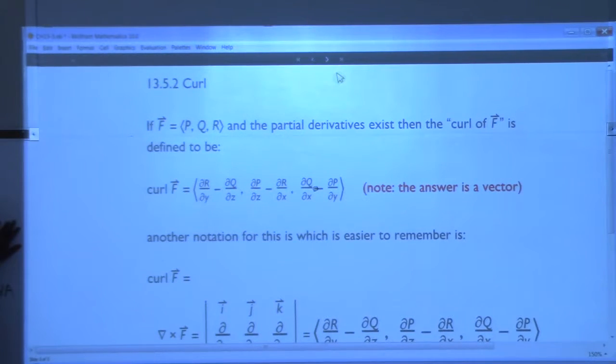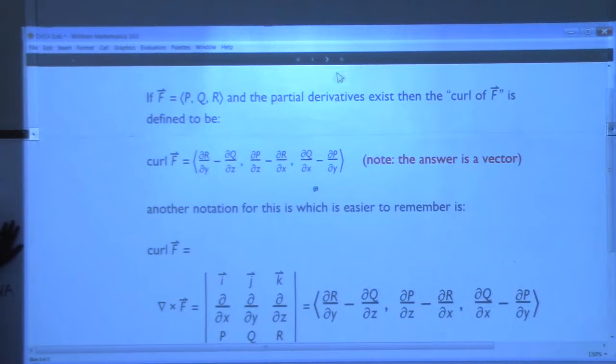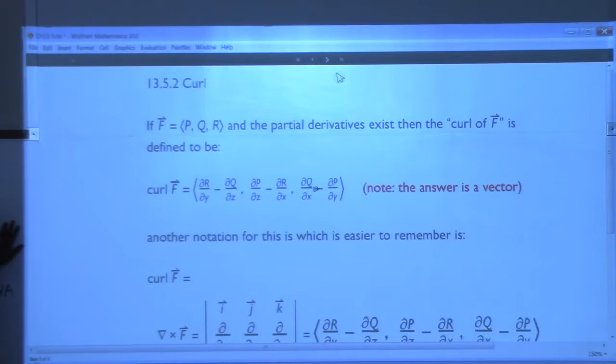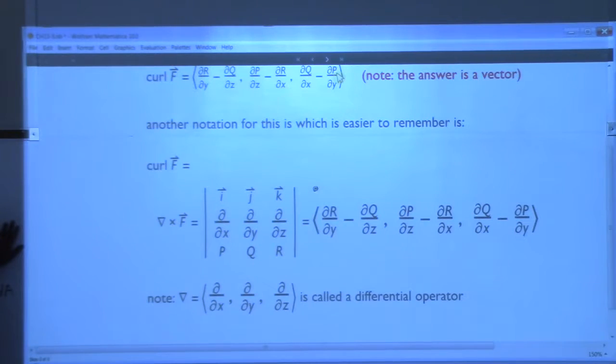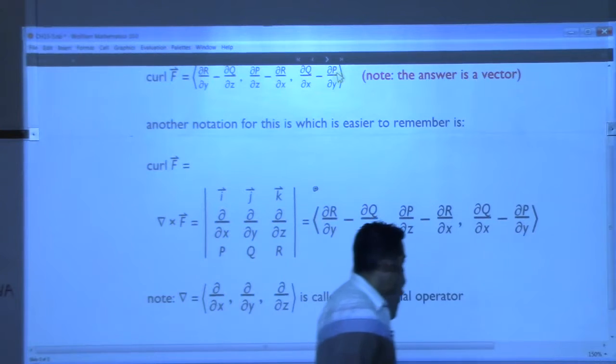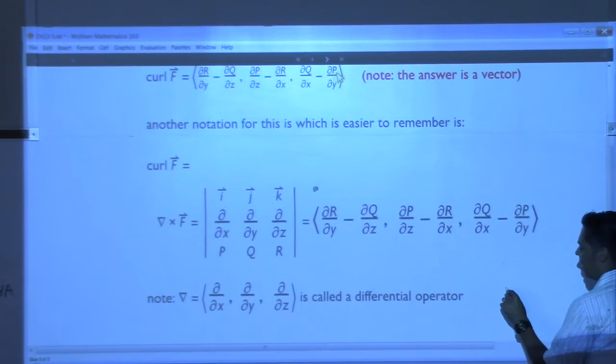First, curl. All right, now curl, I know that looks bad. It's not as bad as it looks, all right? It really isn't. You can memorize the formula if you'd like, but I don't think you should memorize the formula. This is the better way to think of the curl. Now, we've seen this symbol, right?